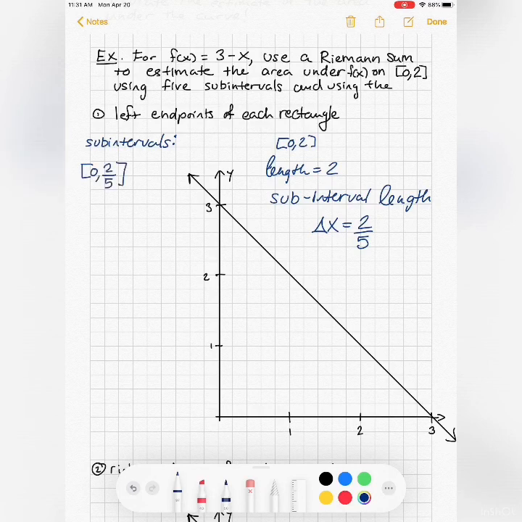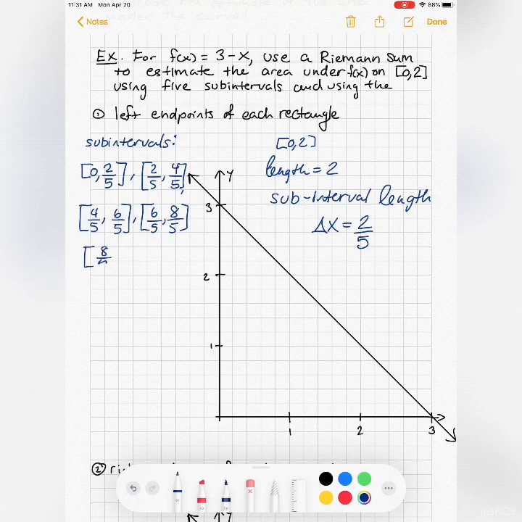Okay, so let's start by just writing out what the subintervals would be then. So 0 to 2/5. Okay, then 2/5 to 4/5. They have to have length 2/5, right? 4/5 to 6/5. 6/5 to 8/5.